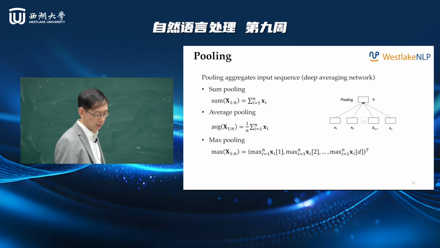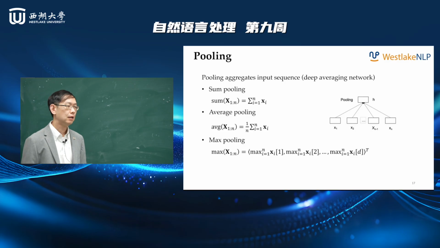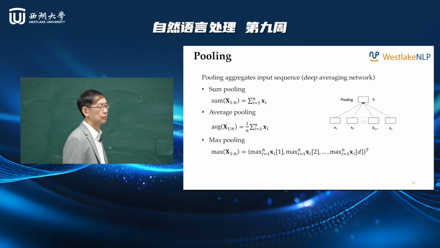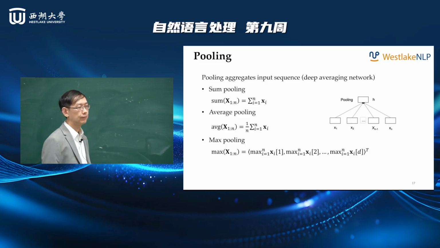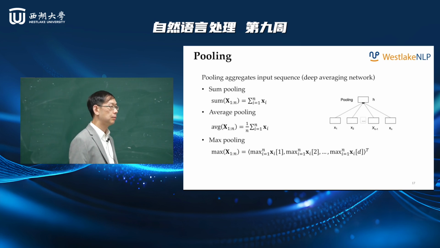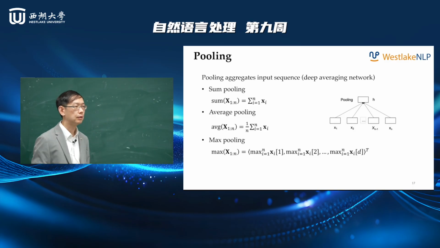A third method is called maximum pooling. What do you mean? It means that for every bit in your output, you take the largest value among all the inputs on this dimension. In other words, if your input embeddings are 50 dimensional, you have to create 50 numbers in your output.